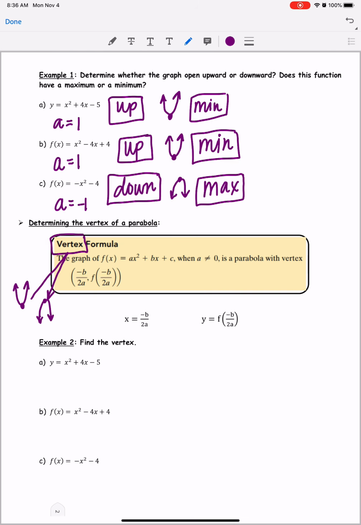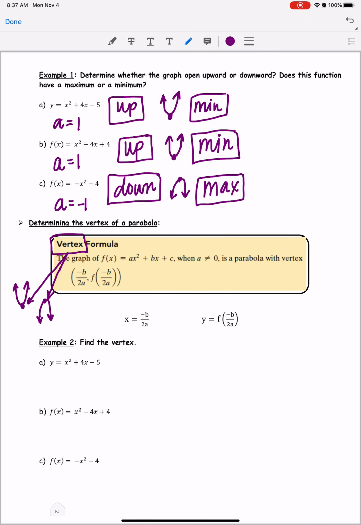Those are probably the most important thing about these parabolas: you want to see where it reaches the maximum or where it reaches the minimum, and then it changes directions, right? You have that parabola going down, you hit that vertex and now it starts going up. Or it's going up, and now it's going to go down. This vertex is where it changes directions.